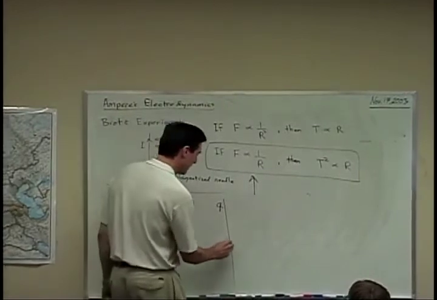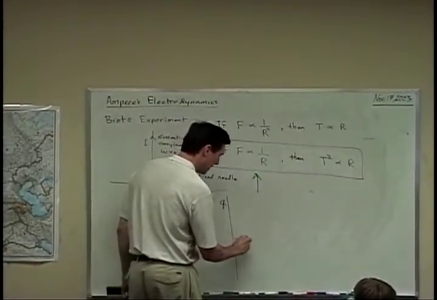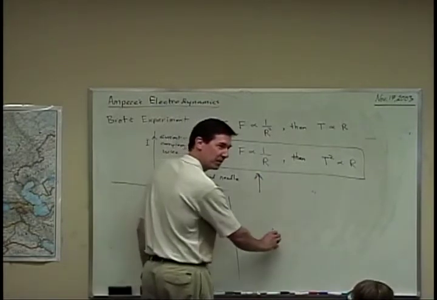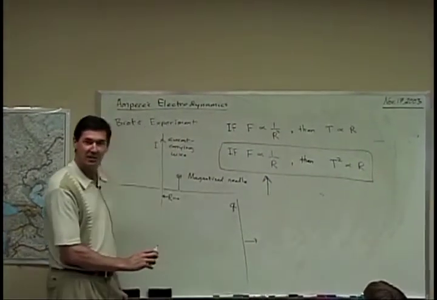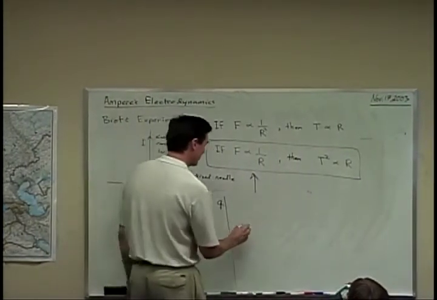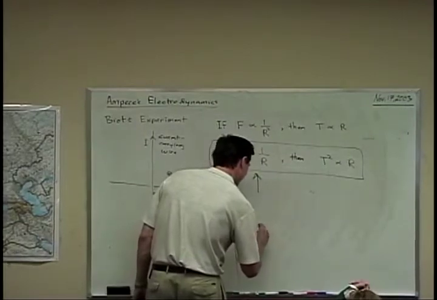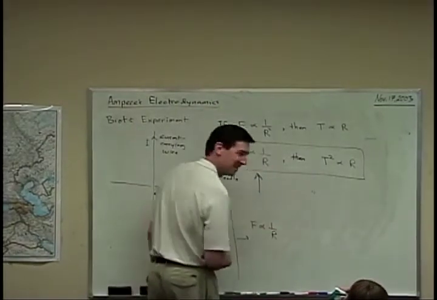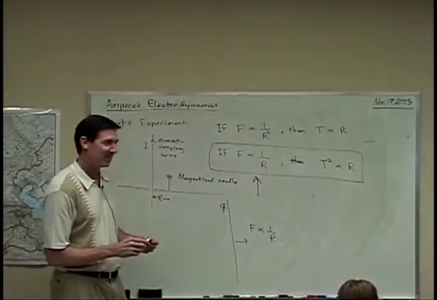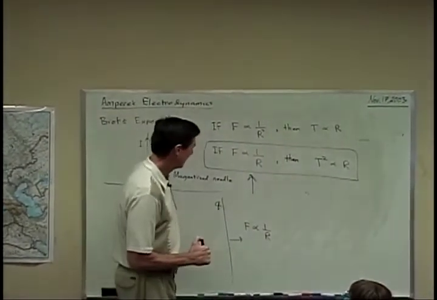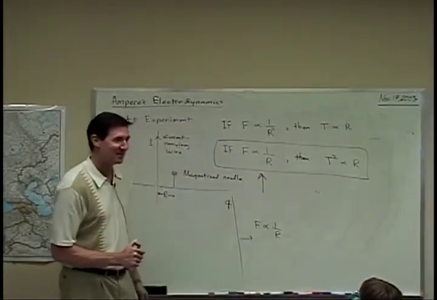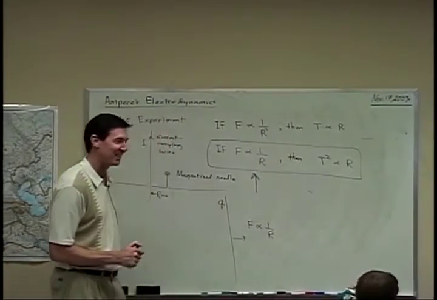And then we talk about, as we move away from that object, how does the electrical force decrease? Well, it turns out you can show that it decreases as 1 over r. Now, it also, unfortunately, turns out that you need calculus in order to show that. So I'm not going to do that for you.